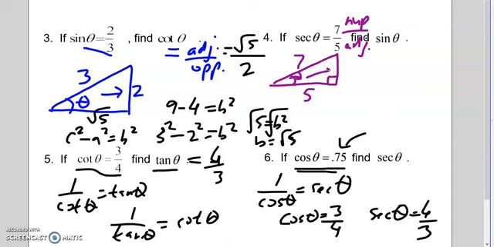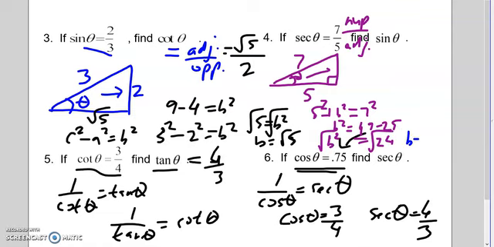So once again, we just do the Pythagorean theorem. 5 squared plus my missing side squared is equal to 7 squared. So b squared is equal to 49 minus 25, and that is 24. And so if I take the square root of both sides, I get b is equal to the square root of 24.